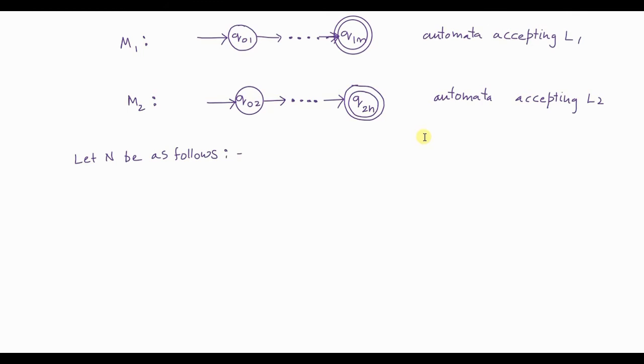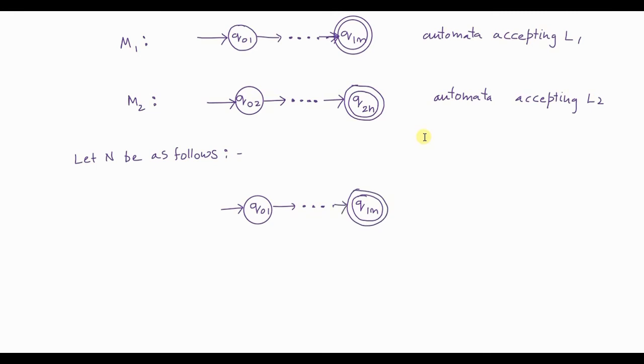Okay. Now what are the states and transitions of M1? Say Q01 is the initial state of machine M1, and I have not shown other states. The final state of this machine M1 is Q1N, right?